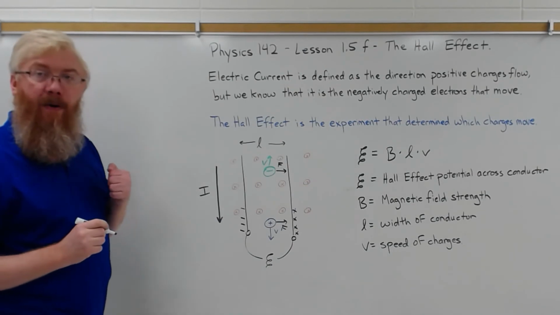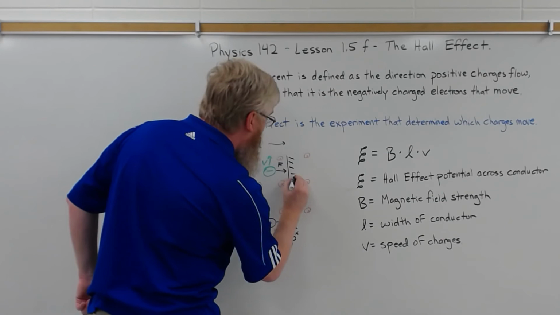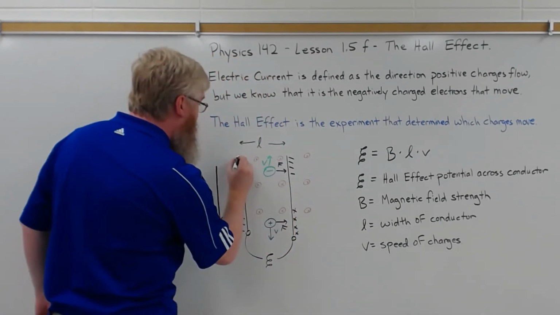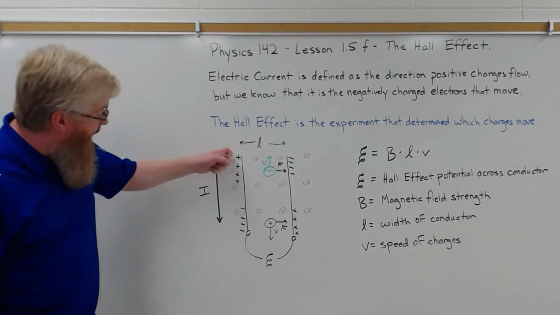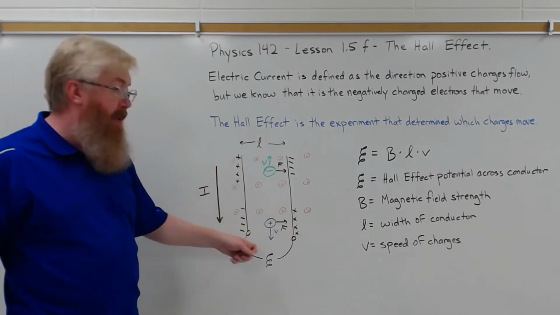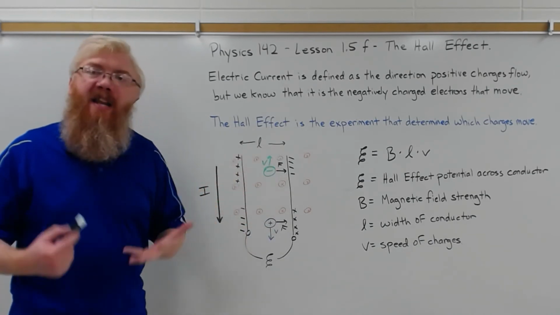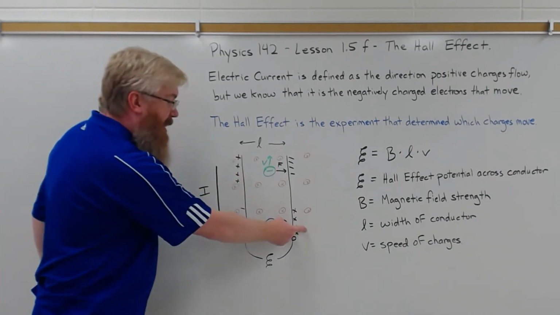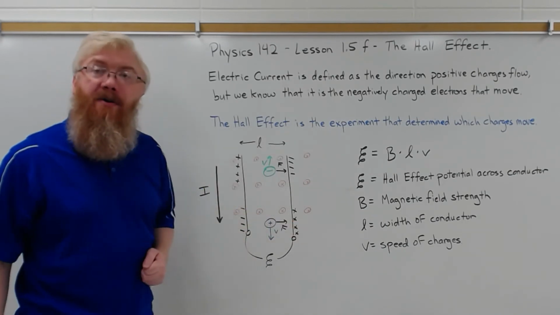if it were moving upward, which means that the negative charges would build up on the right-hand side, and the positive charges would then build up on the left. Exactly the opposite of what would happen if it's the positive charges that are moving. So this is a wonderful definitive experiment. The right side of this experiment will have a higher potential than the left if it's the positive charges that are moving.